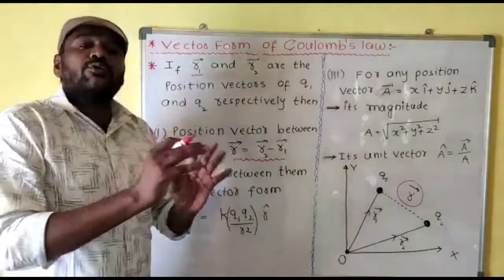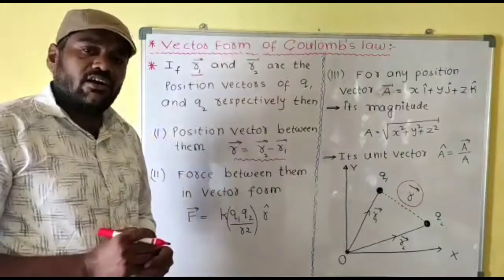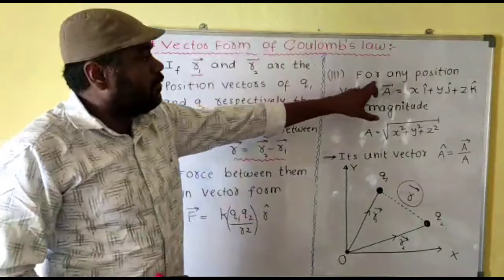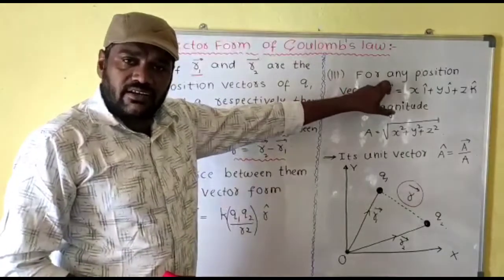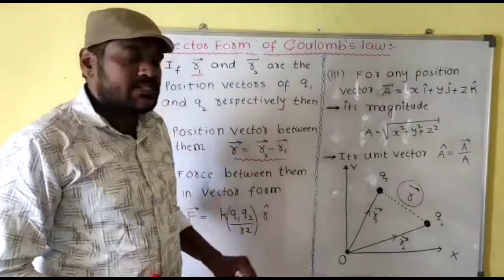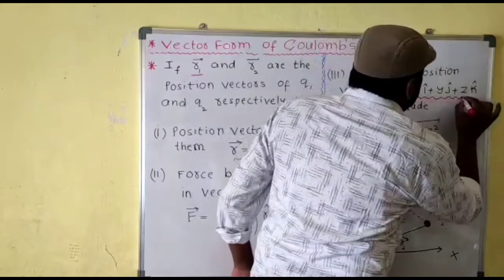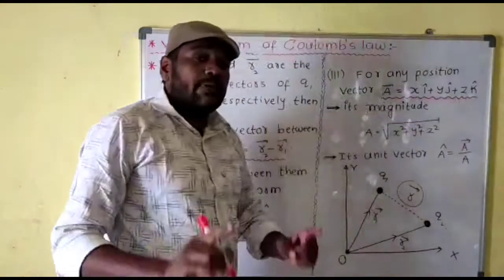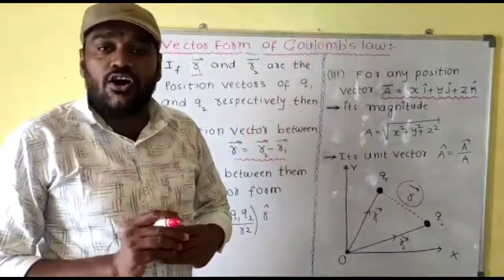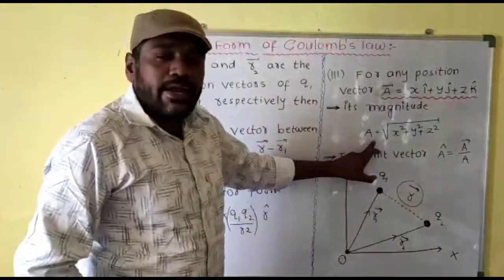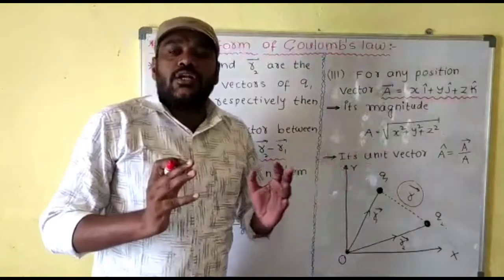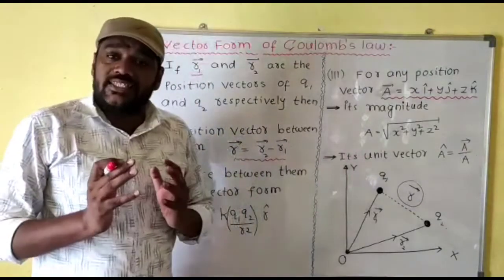Then how do we find these unit vectors and position vectors? For example, once again from first year vectors, if a bar is equal to x i cap plus y j cap plus z k cap is any position vector from the origin, then its magnitude is A equal to under root of x square plus y square plus z square.